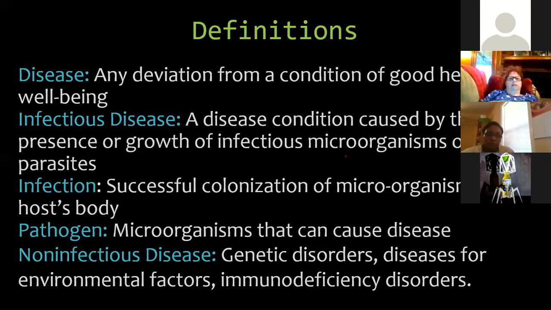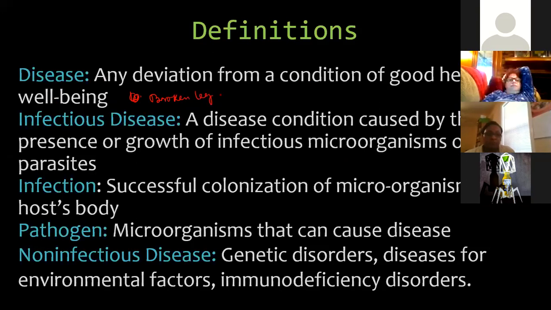So disease is any condition in which the normal structure and function of the body is impaired, or you can say damaged. That is called disease. So any deviation from a condition of good health and well-being is called disease. So let's say you have a broken leg.